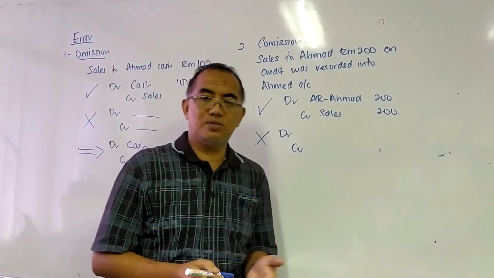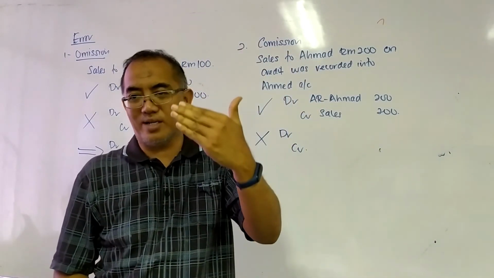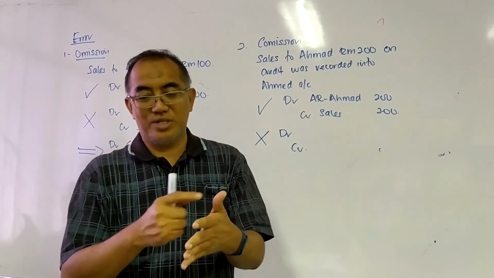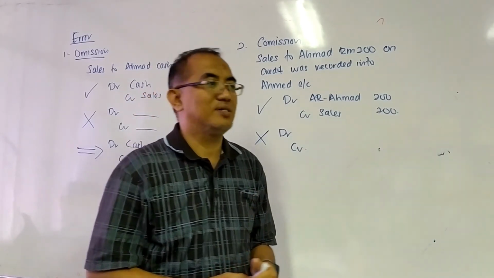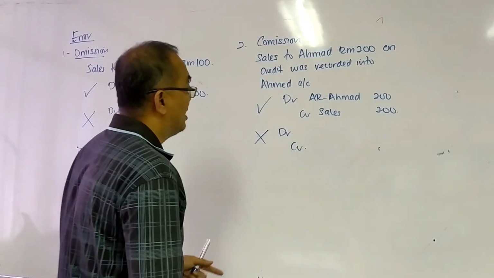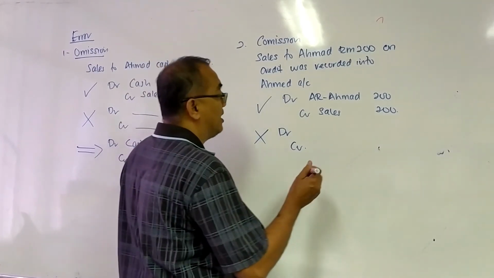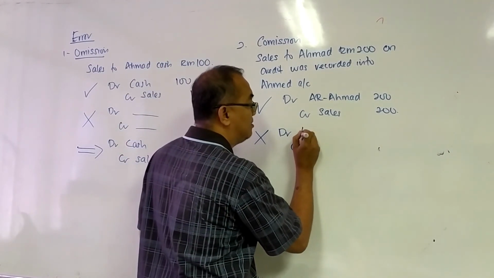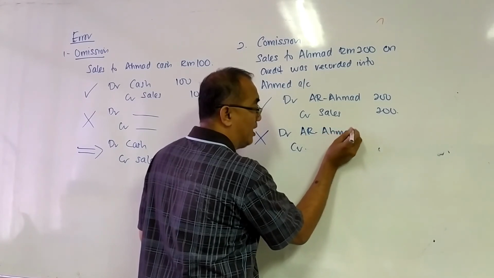Sometimes your boss says, okay, Ahmad, there are so many Ahmads inside your record. Ahmad, Muhammad. So there are so many names, so many Muhammads and also Ahmads. So what you have done here, Ahmed is also your AR.